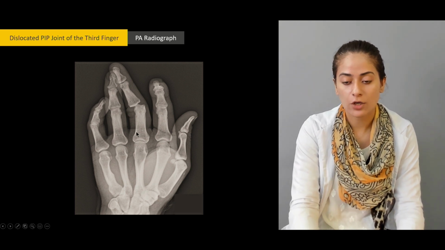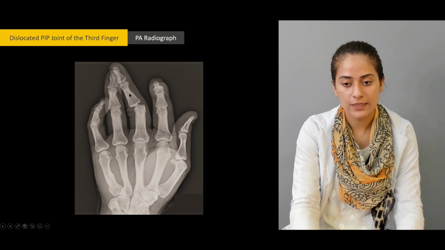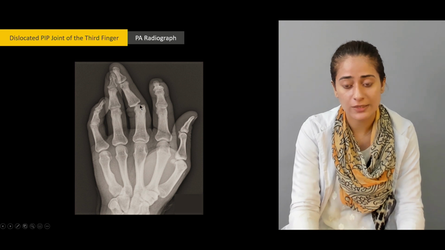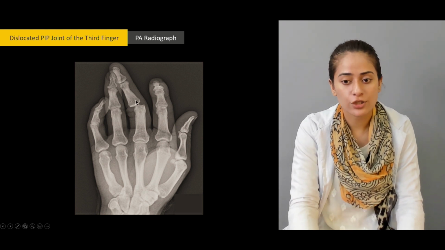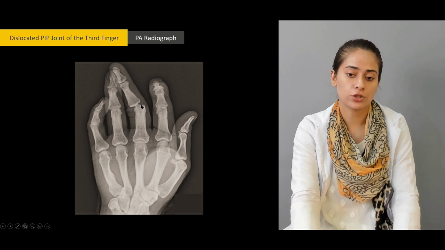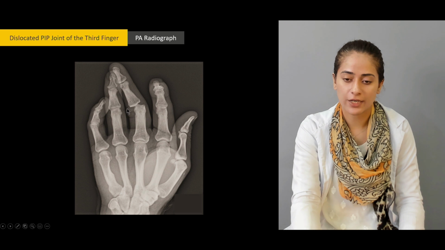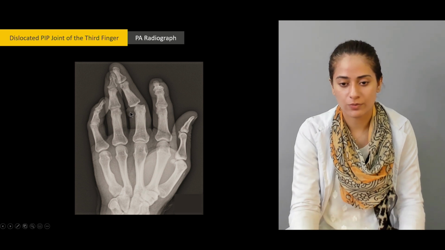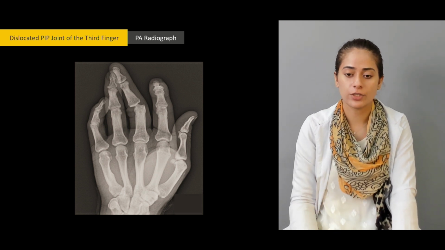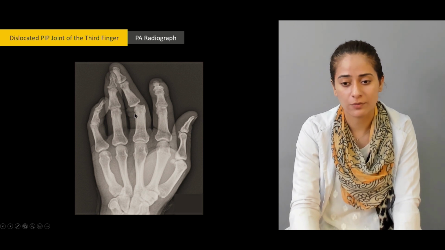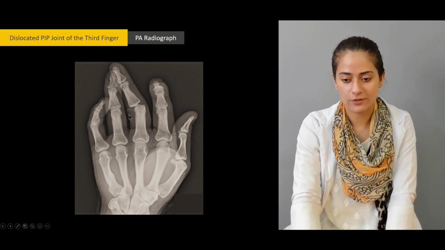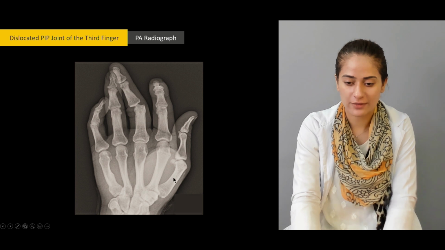This is the metacarpophalangeal joint, and this is the proximal interphalangeal joint and the distal interphalangeal joint. This is a dislocation of the proximal interphalangeal joint, and we can see this swelling here. Obviously the bruising won't be visible on radiograph, but there's probably a big bruise on the man's or the woman's finger, probably a man's x-ray.